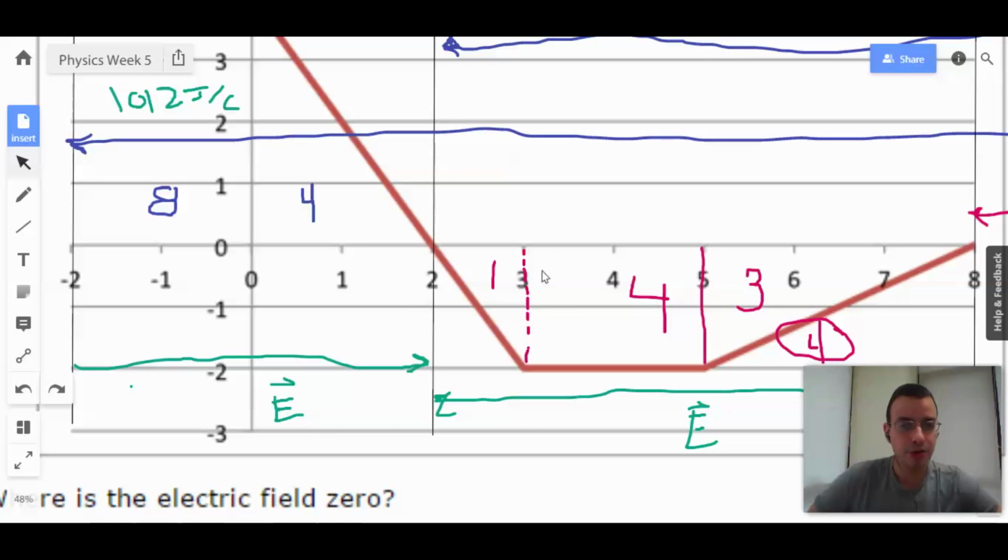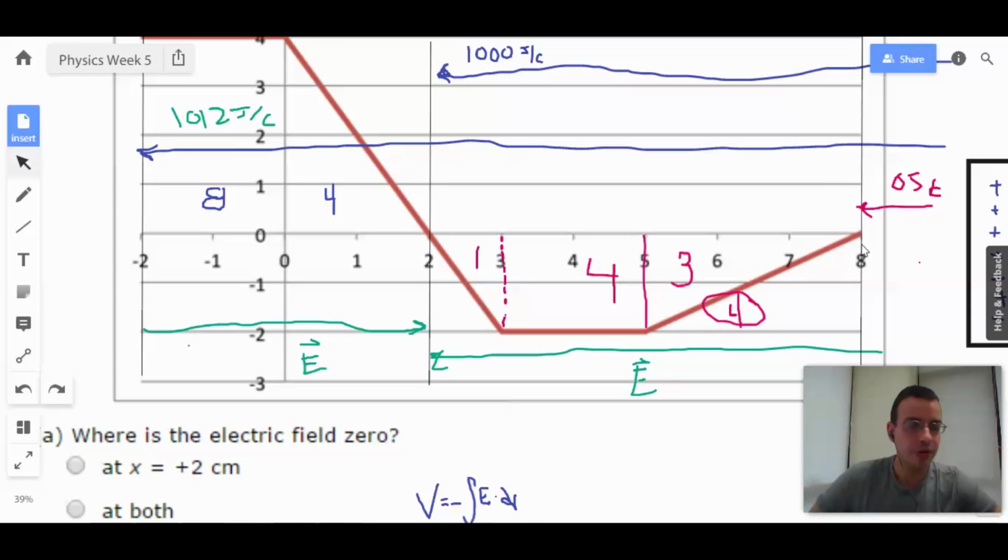If you have a negative electric field, you get negative voltage, and if it's above the 0, then you get positive voltage. That only applies if you're doing a bigger number minus a smaller number. So you have to be kind of careful when you're going through it.